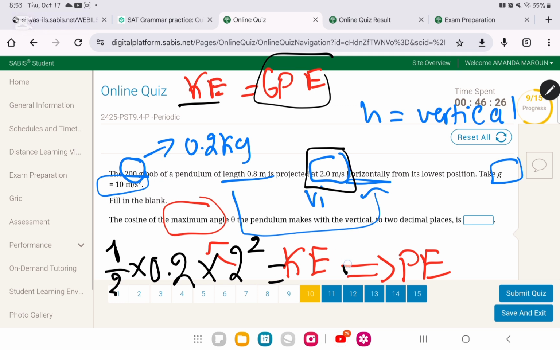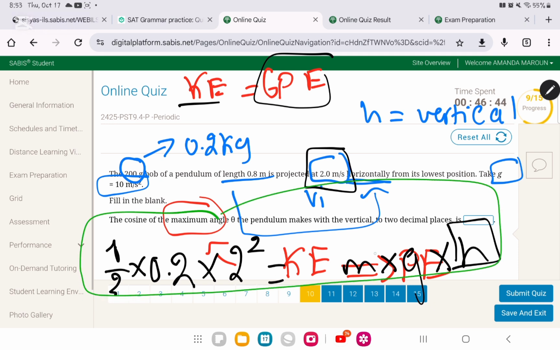GPE is M times G times H. We have M, we have G, but we don't have H. So if we do this, we are going to find H. Okay? So this is our equation. If we substitute these, we will have here 0.2 times 10 times H. If you solve the left-hand side of the equation, you are gonna get that it is 0.4.